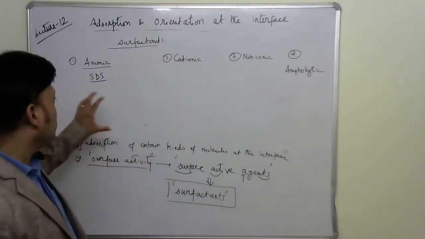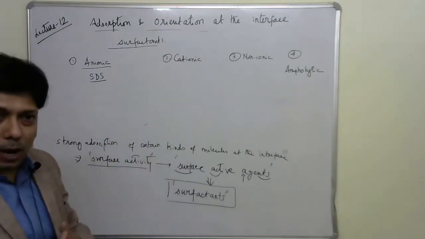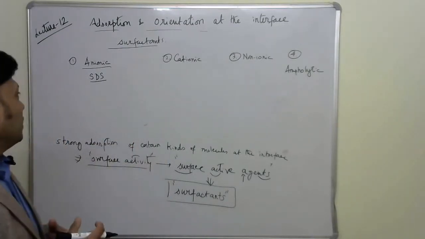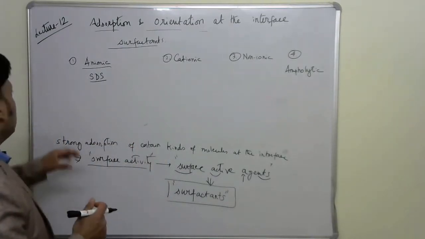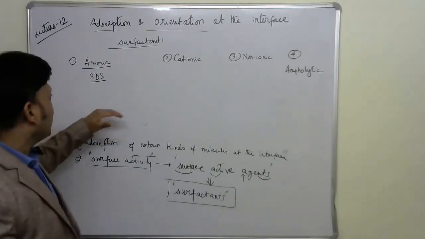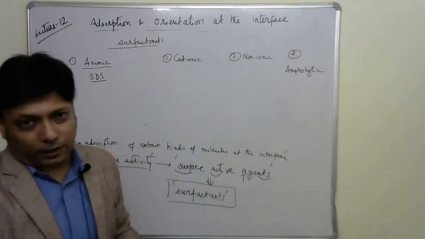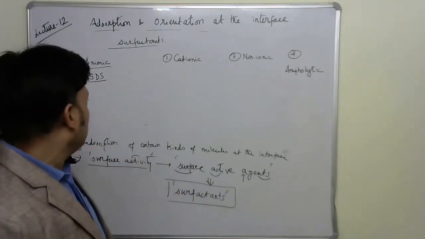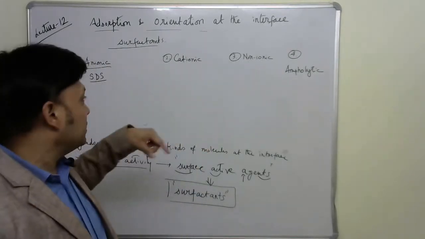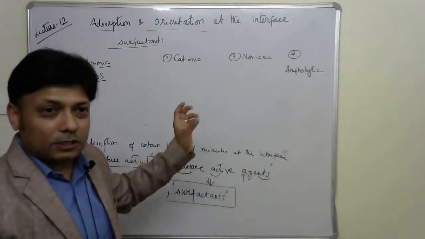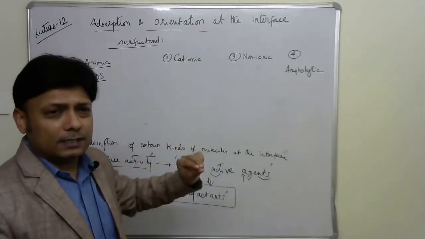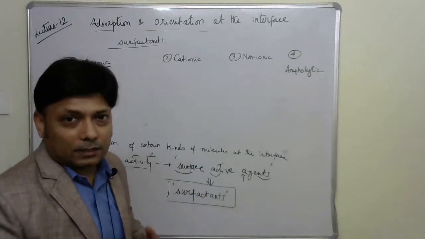You see the polar head group is sulfate, SO4 minus. It is anionic. SDS is also called lauryl sulfate, because this C12 long chain fatty acid is called lauric acid.